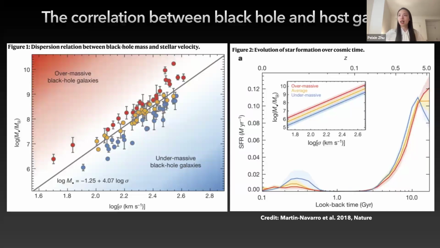They form a very tight correlation, as shown in the left figures, indicating that if you estimate the total stellar mass of a galaxy, you can estimate the mass of the black hole in the center. It indicates that the growth of galaxy stellar mass, for example the star formation rate, should be related to the rate at which the black hole mass grows.